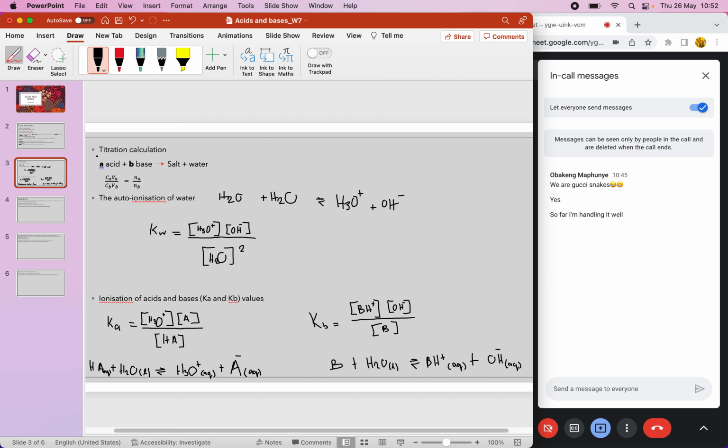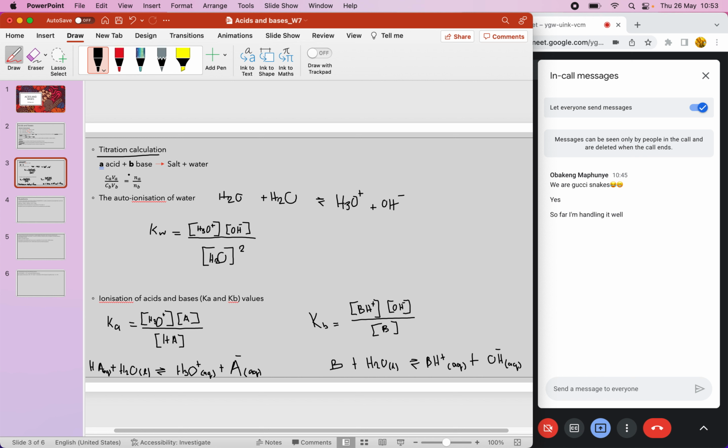And with titration calculations, it's important to know some of these equations. Like in this case, first you have a balanced chemical equation, and as you can see, you have acid that reacts with the base to give you salt plus water. And this A and B represent the balancing figures, or the mole amounts, for this acid and base reaction equation.